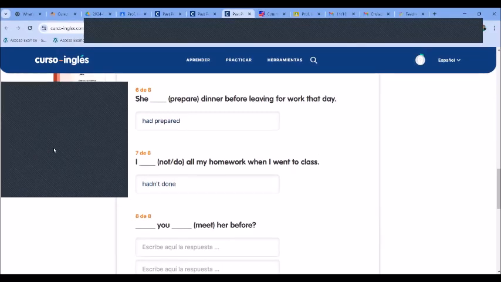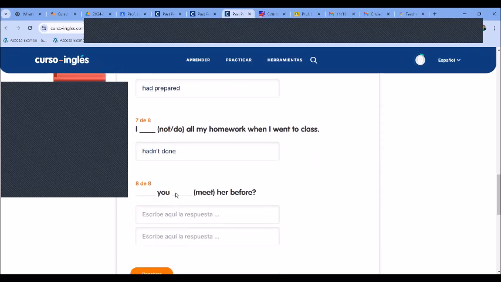I hadn't done my homework when I went to class. All right. I hadn't done all my homework when I went to class. Ahora sí, ya, perdón. Good, good. No worries. Right. I believe the next person would be Sophia.